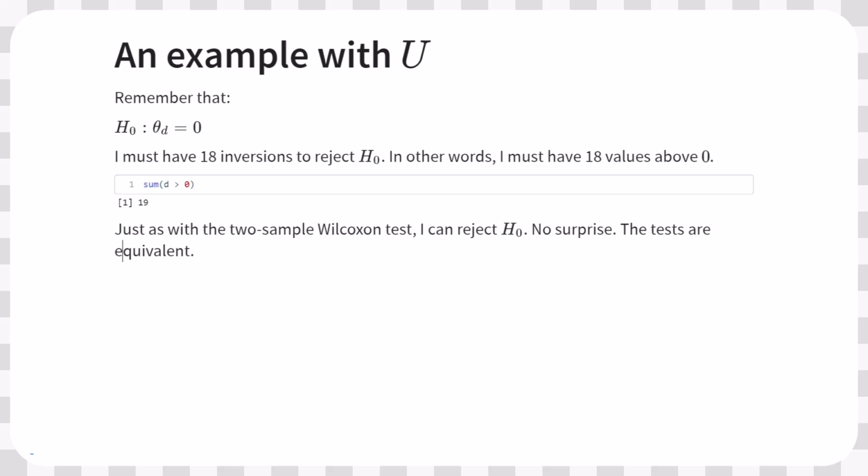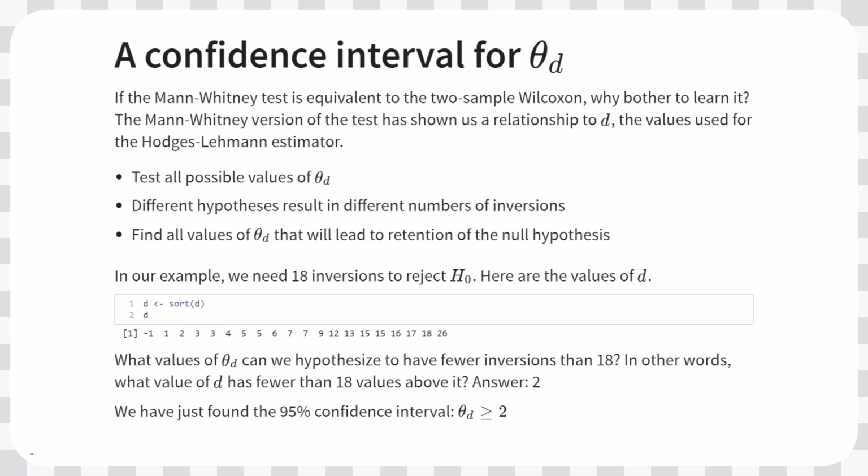So now you know the Mann-Whitney U test, but you really didn't need to know that for the purposes of constructing a hypothesis test, because we already had the Wilcoxon test, and the Wilcoxon test gives us the same sort of thing. So let's go to why we use the Mann-Whitney test to form a confidence interval for theta sub d, that is, for the Hodges-Lehmann population value.